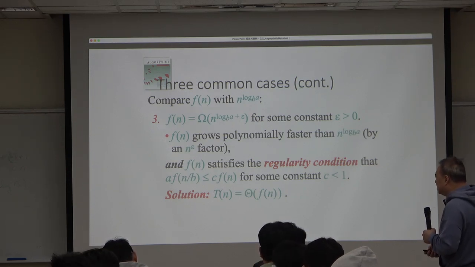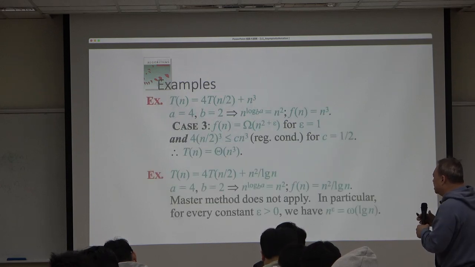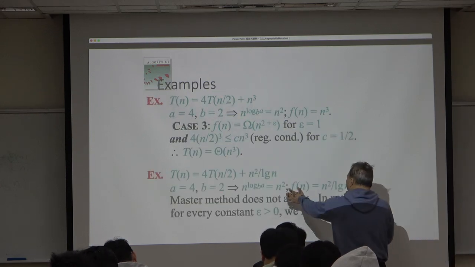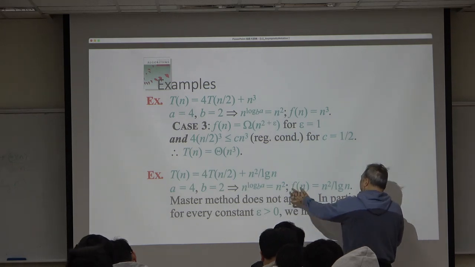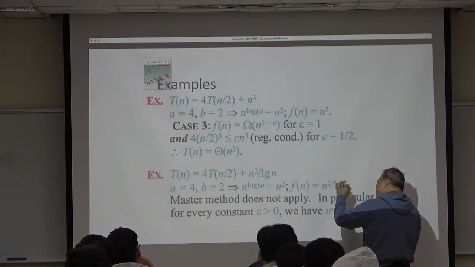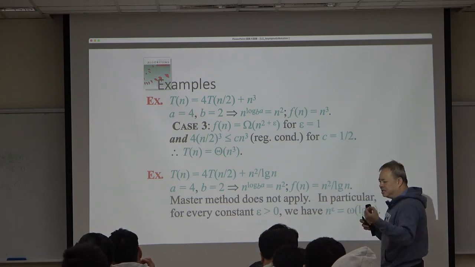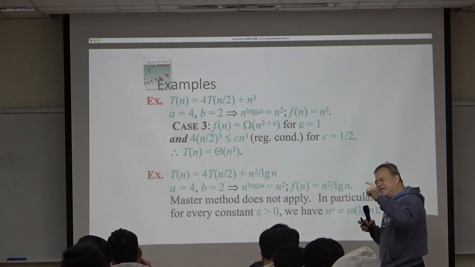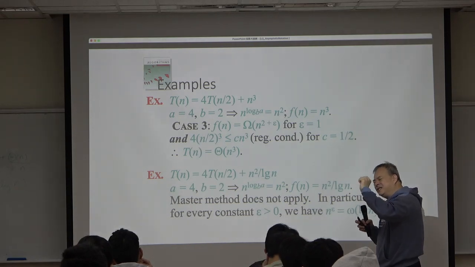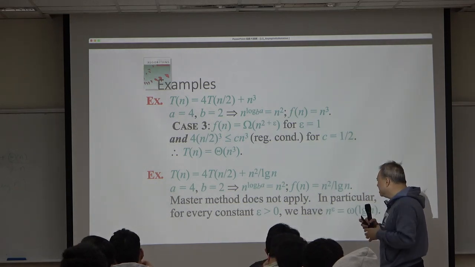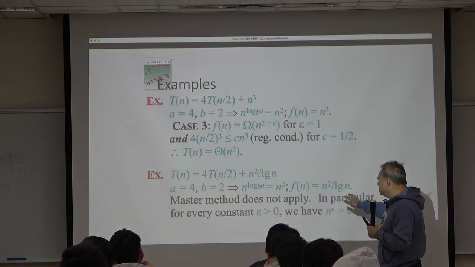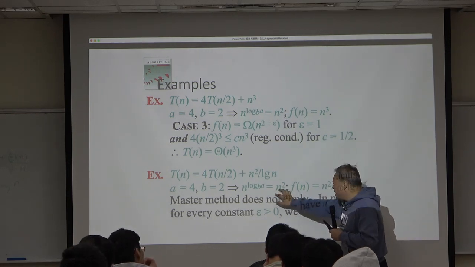Let me go back. This one and this one differ by very, very little, right? Because log n, as I said, is smaller than n to the power of any positive constant. I told you earlier. So this and this are very, very close.